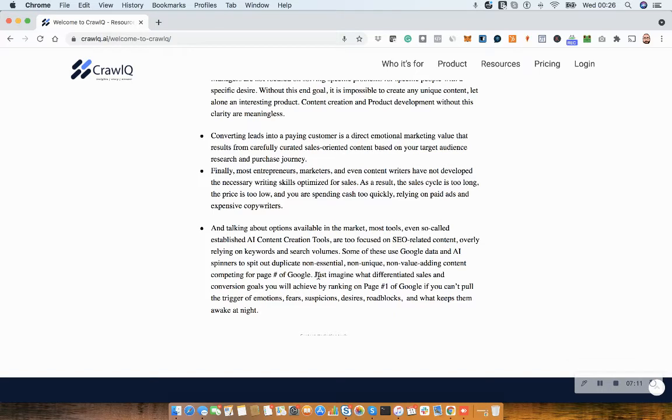Just imagine what differentiated sales and conversion goals you will achieve by just ranking on page 1 of Google if you can't pull the trigger of emotions, fears, suspicions, desires, roadblocks, and what keeps them awake at night, right?